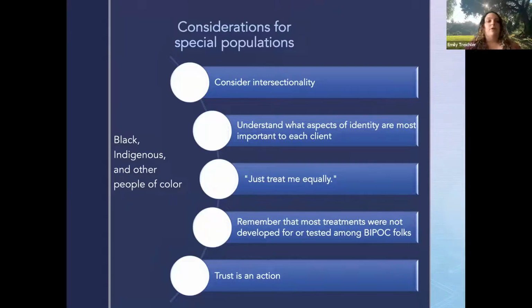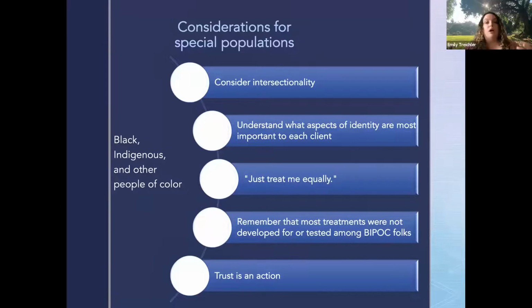And so when we're thinking about special populations, when we're thinking about Black, Indigenous, and other people of color, one of the most important things that we can do is to really examine our own biases, our own privilege, and work to not inflict harm on the people that we work with through those biases.